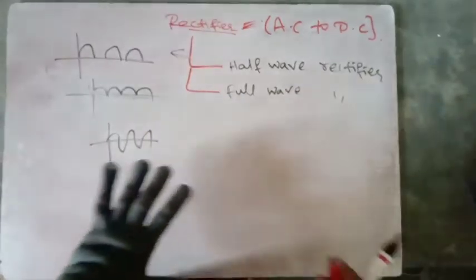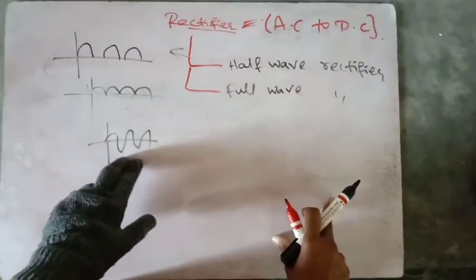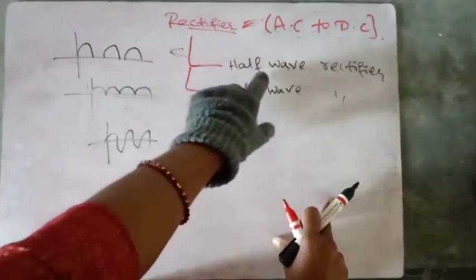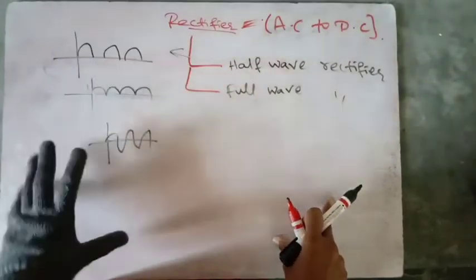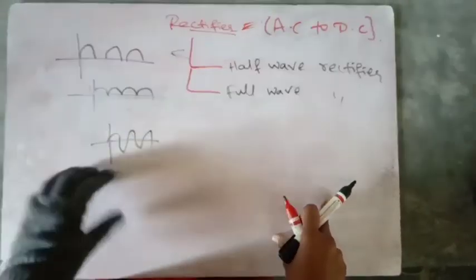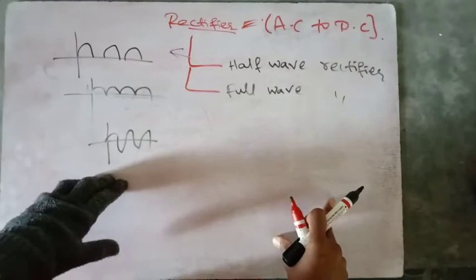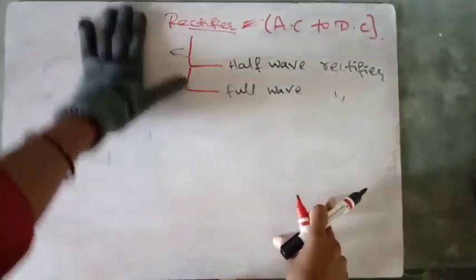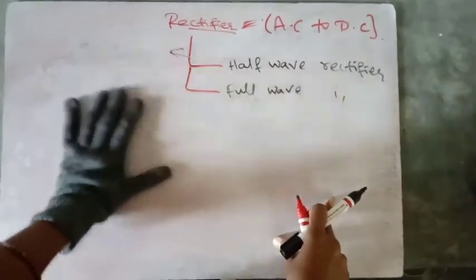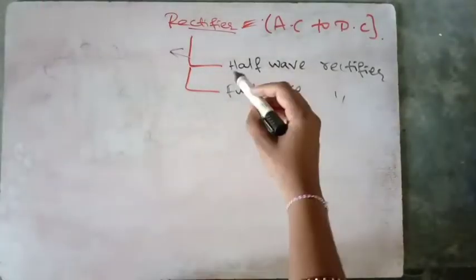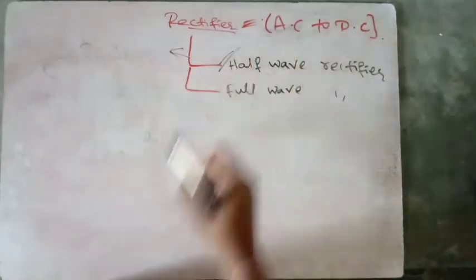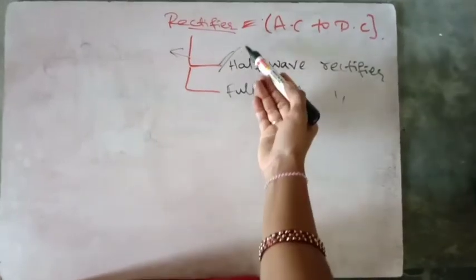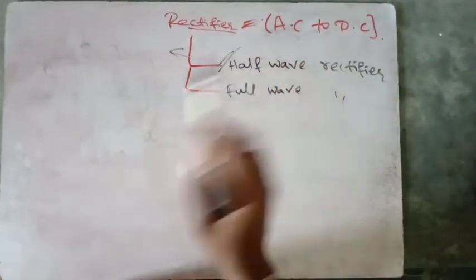In the name full wave, it contains the full pulse, and half wave means half pulse, or half cycle and full cycle. In this lecture, first of all we will discuss the half wave rectifier, and then we go for the full wave rectifier.